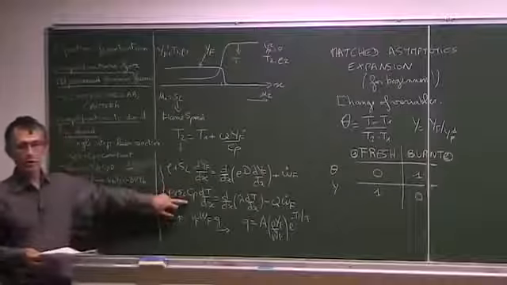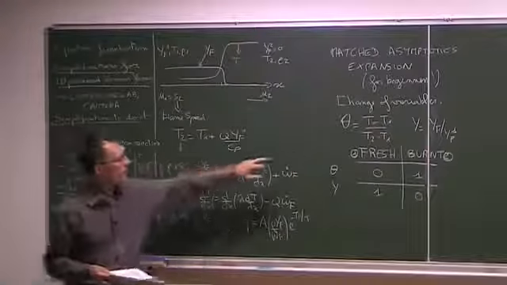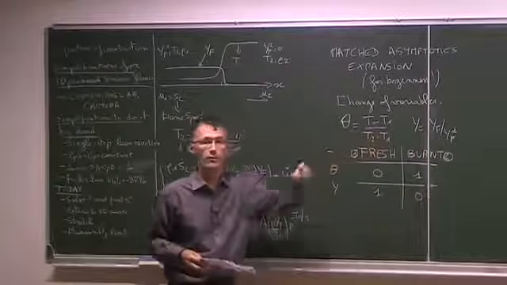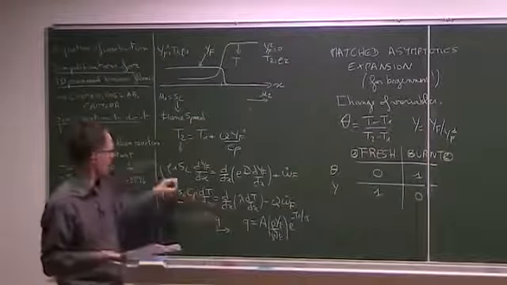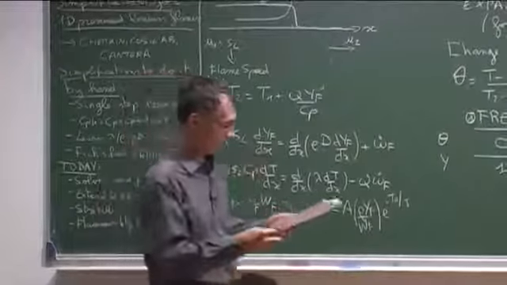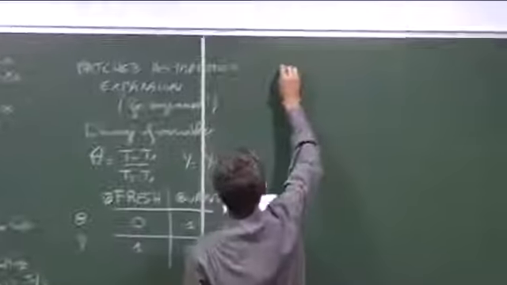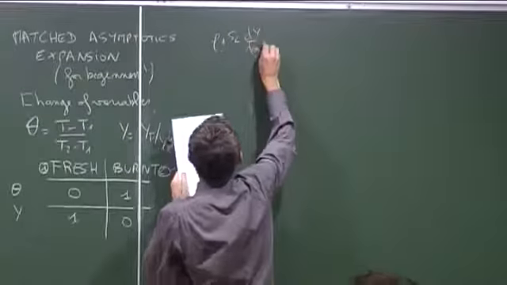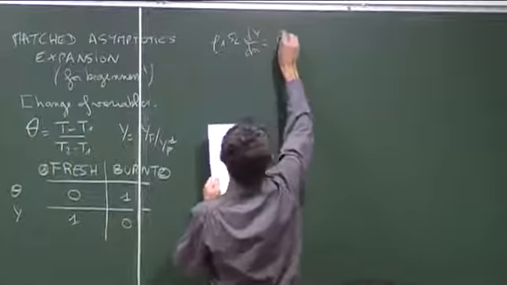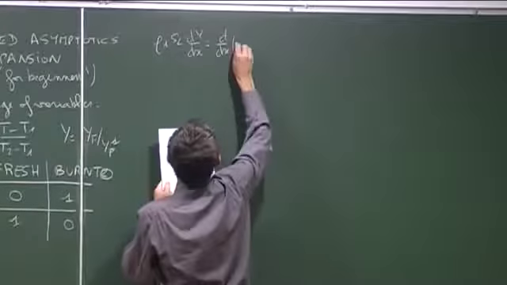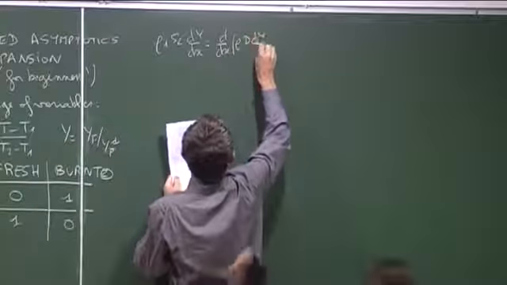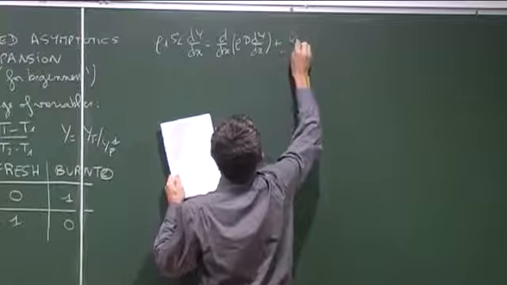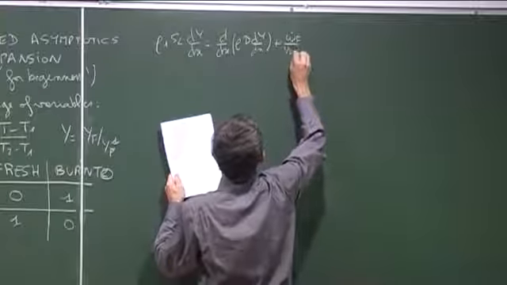So you just take these two equations, you divide them by T2 minus T1 and by YF1, and you can find the equation for theta and for y. It's linear, everything is linear, so of course we're going to find the same equation just with theta and y. So it's going to be written ρ1 SL dy/dx equal d/dx of ρD dy/dx plus omega dot f divided by YF1.